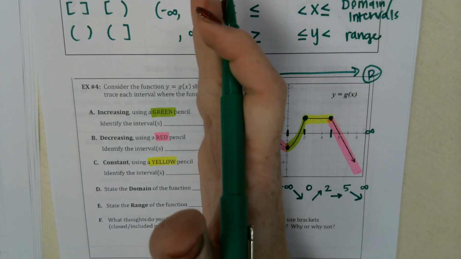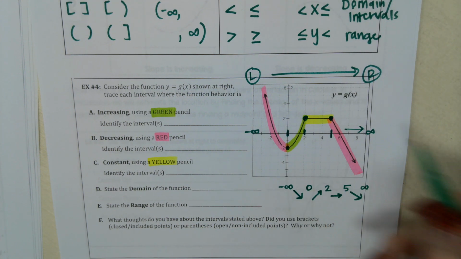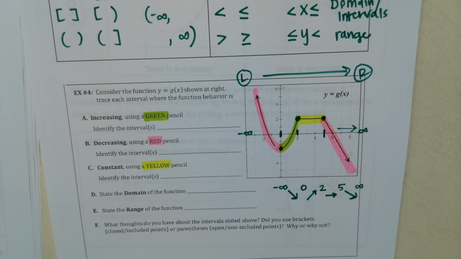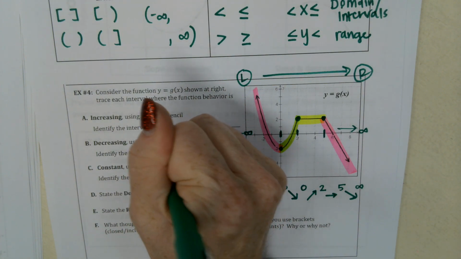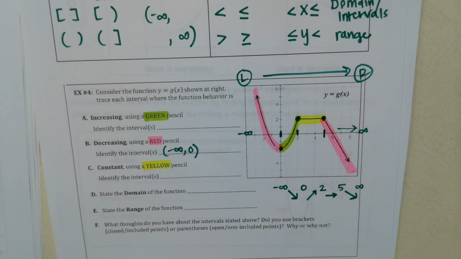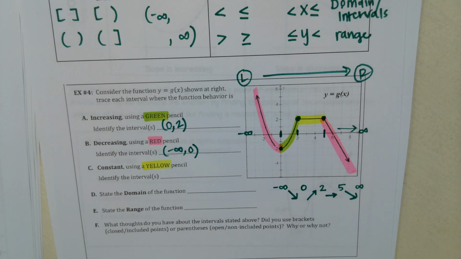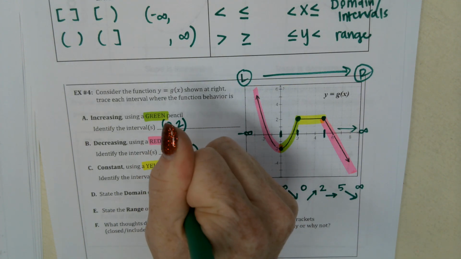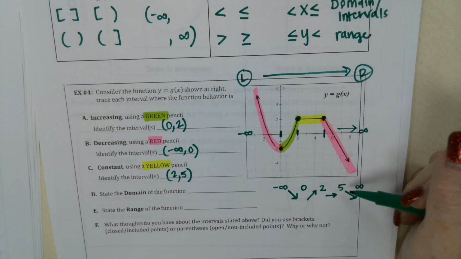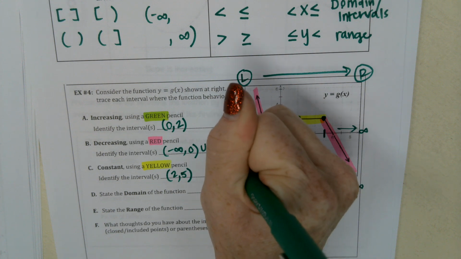But remember, I'm moving from left to right, and as I move through time, I'm going towards positive infinity. So my graph decreases from negative infinity until I get to 0. Then it increases from 0 to 2. From 2 to 5, it is constant. And then from 5 to infinity, it's decreasing again.